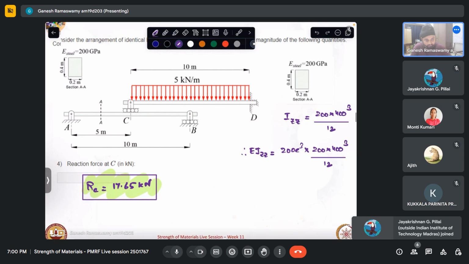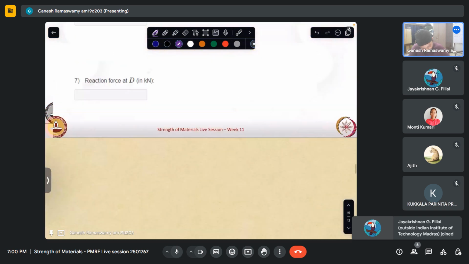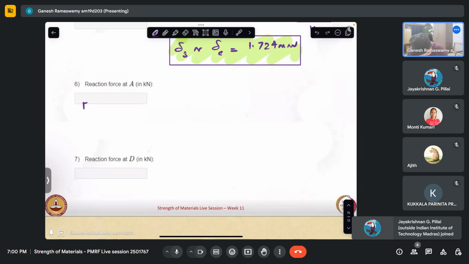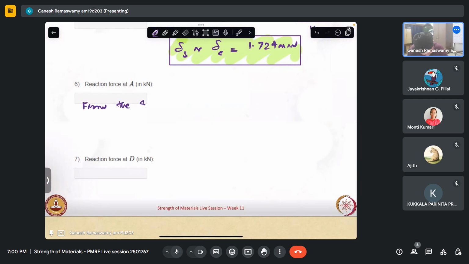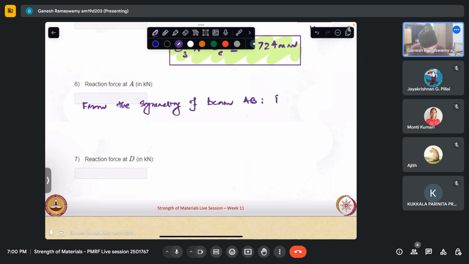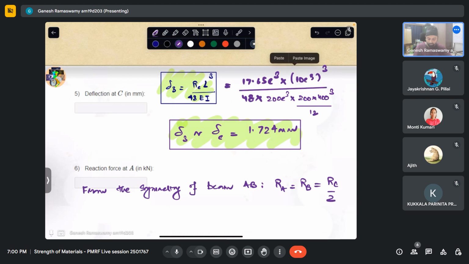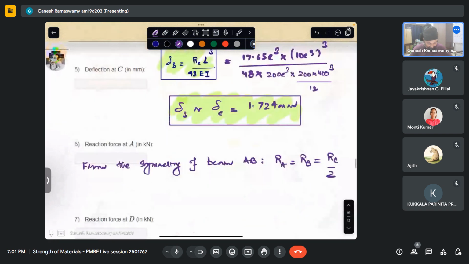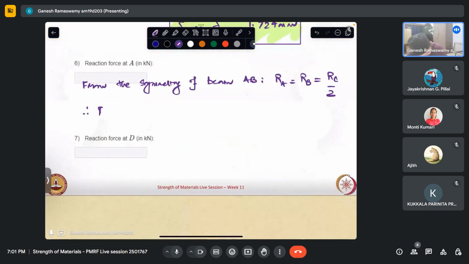So from the symmetry of beam AB, RA equal to RB equal to RC by 2. So this is nothing but 17.65 by 2, which is 8.83 kilonewton. So therefore RA, RB equal to 8.83 kilonewton.